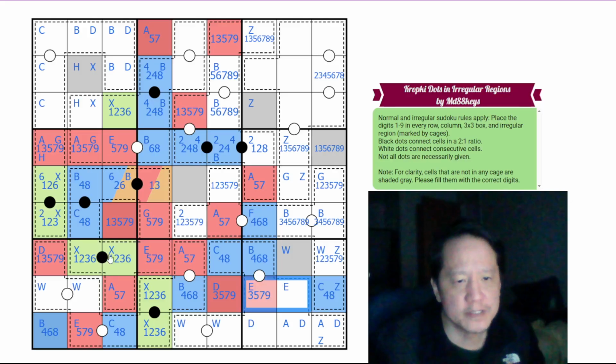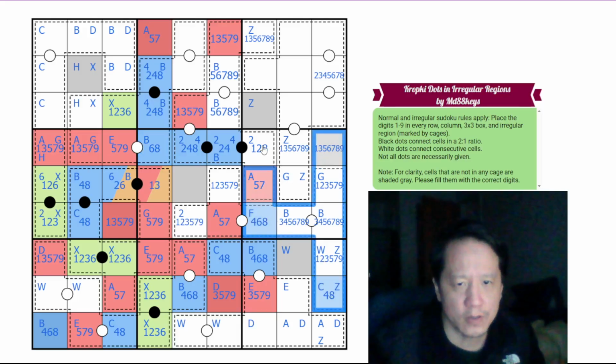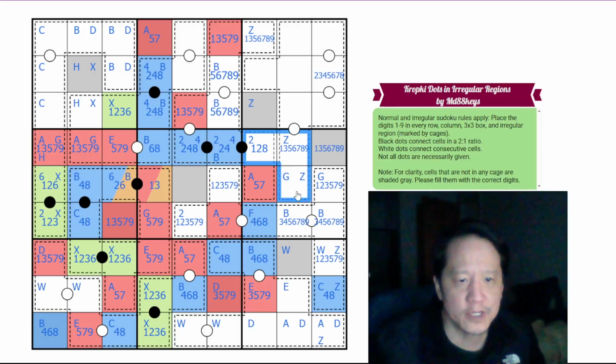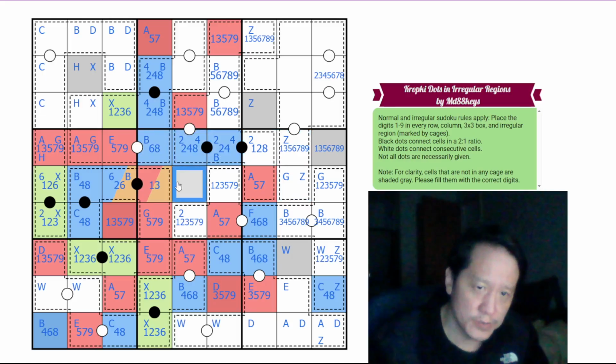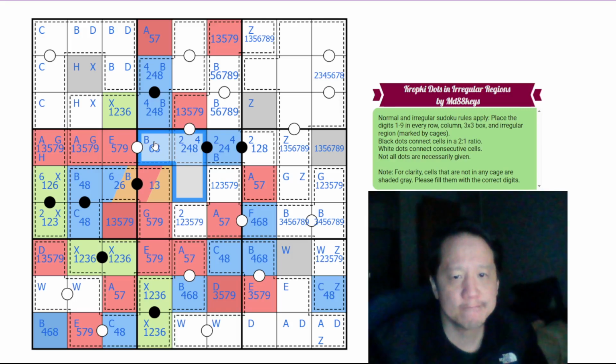B could be consecutive with E. We're not... E's consecutive with C. We don't know if that's C. C cannot be here and here or here. So C is one of these three. C then has to be one of these four. It cannot be here, so C is one of these three.